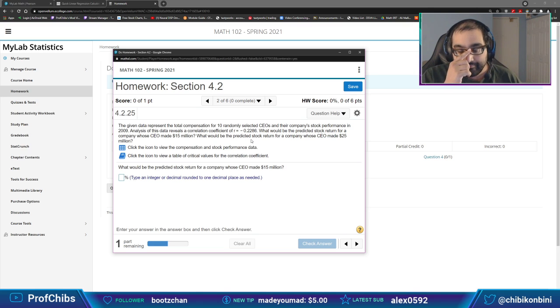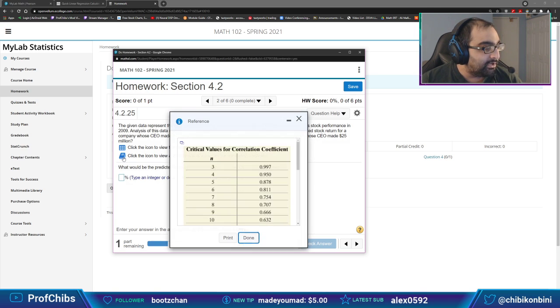What they did here specifically is they asked the question: is this a good linear model between X and Y? We asked that question when we did chapter 4. And so we're going to need this second part here.